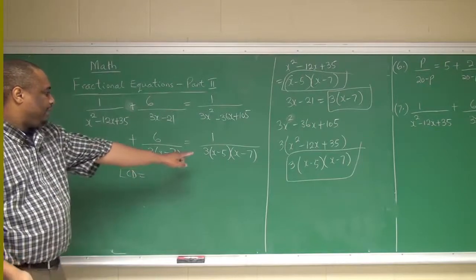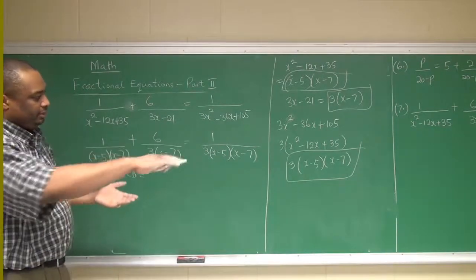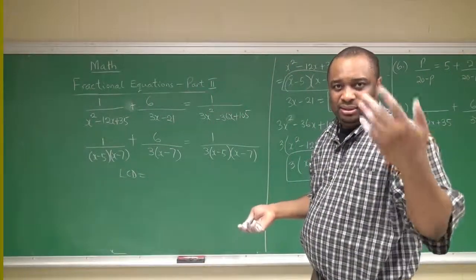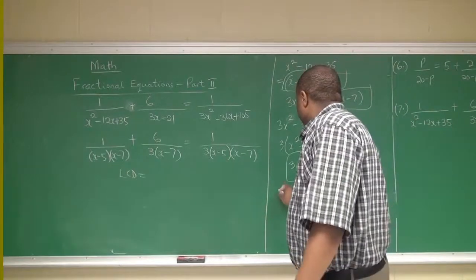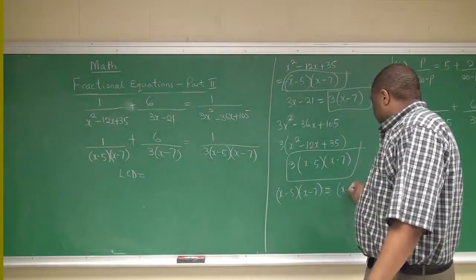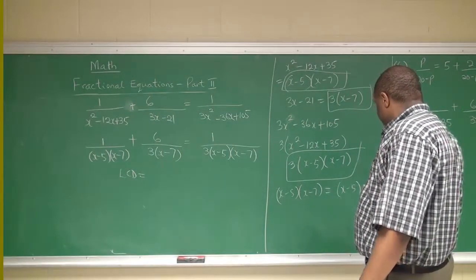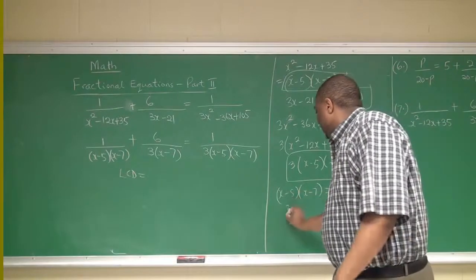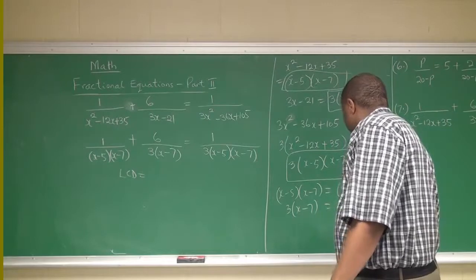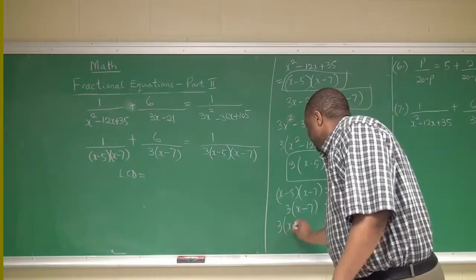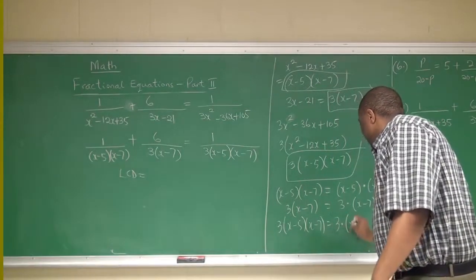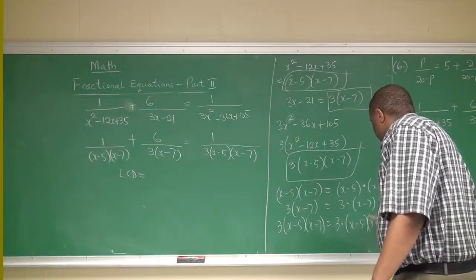If you do it the way I did the video on common multiples, you have x minus 5 times x minus 7, then the next one, 3 times x minus 7, then the other one, 3 times x minus 5 times x minus 7.